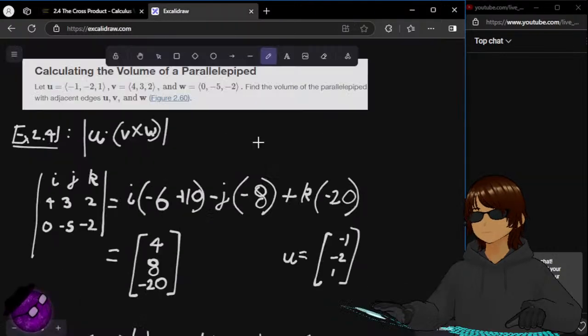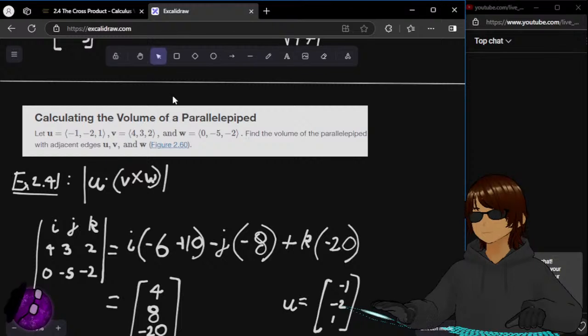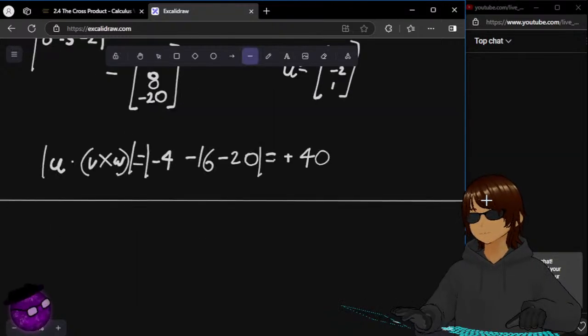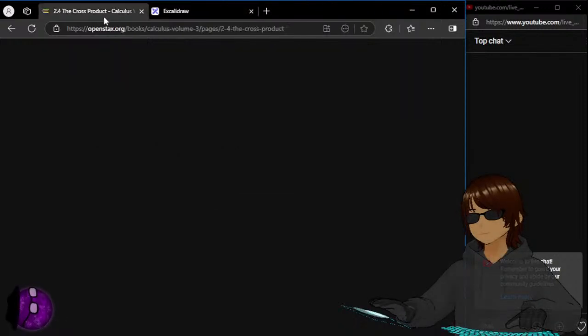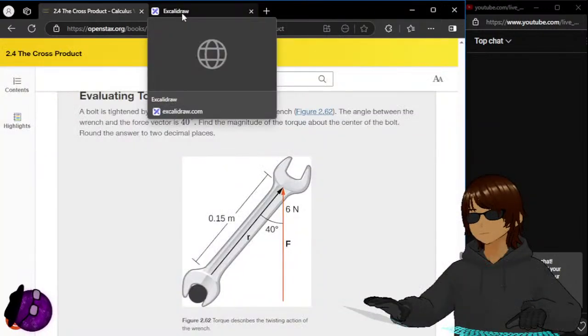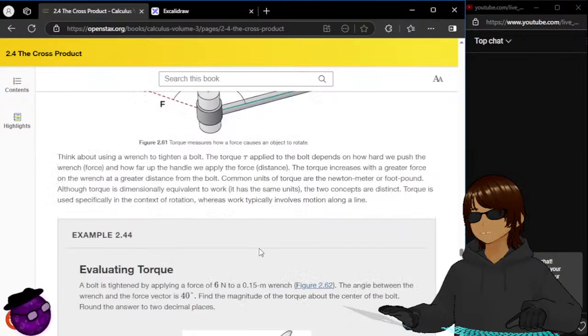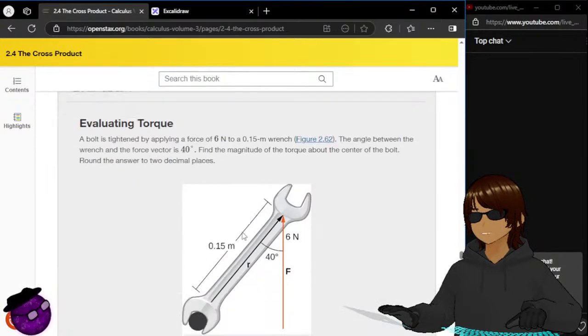So we have 6, 40 and 0.15 meter. The torque is R cross product F, right?